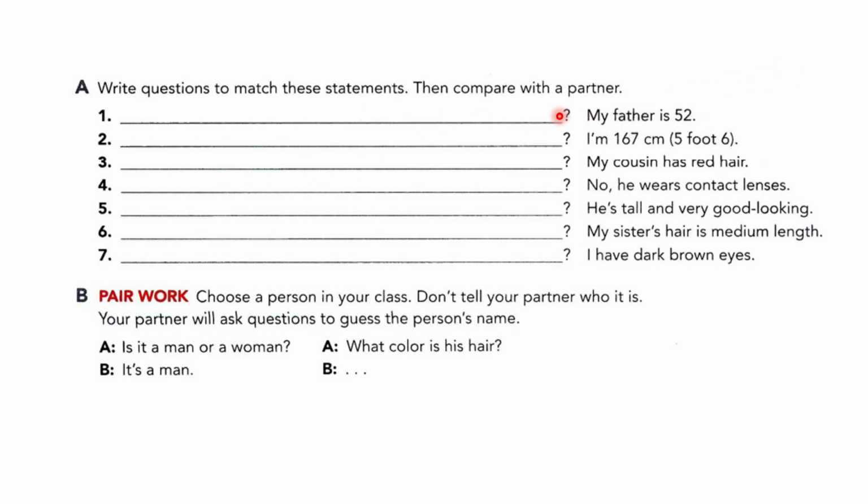For example, number one says my father is 52. The question would be, how old is your father? Right? Simple. How old is your father? So you're going to do the same thing with every response. You're going to look at the response and figure out which question was being asked.